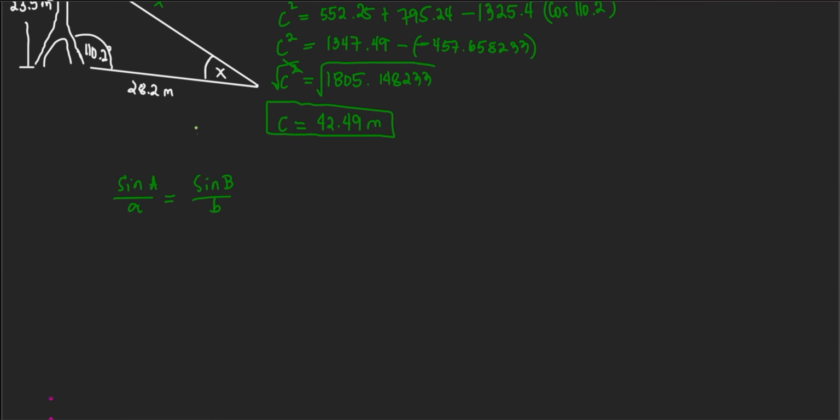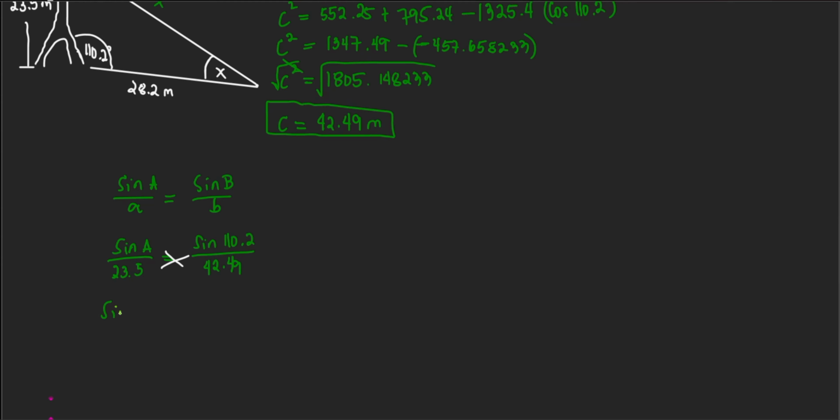So since ang hinahanap natin is the subtended angle, we have to write sine A. So since sine A is missing, ang A natin is 23.5 is equal to yung B natin, that is sine 110.2 over the B is equivalent to 42.49. Okay? In this part, do the cross multiply para ma-identify natin yung sine A.